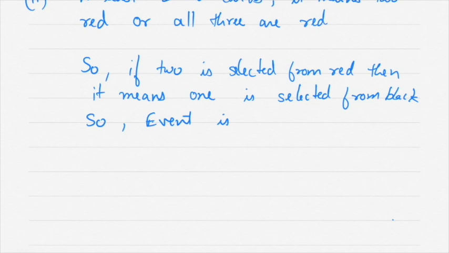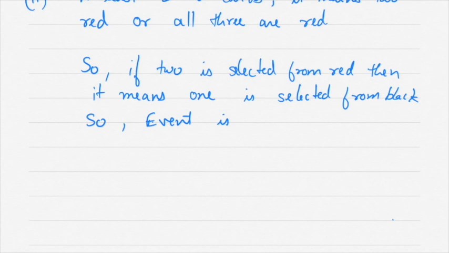Now let's solve the second part. At least 2 are red cards. When I say at least 2 are red cards, that means out of 3 cards, 2 are red and 1 is black, or all 3 cards are red. When I say at least, it means minimum 2 cards are red, right?